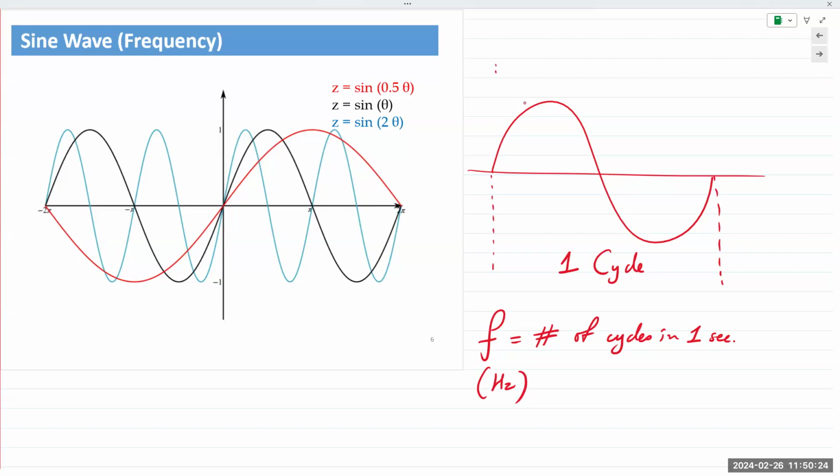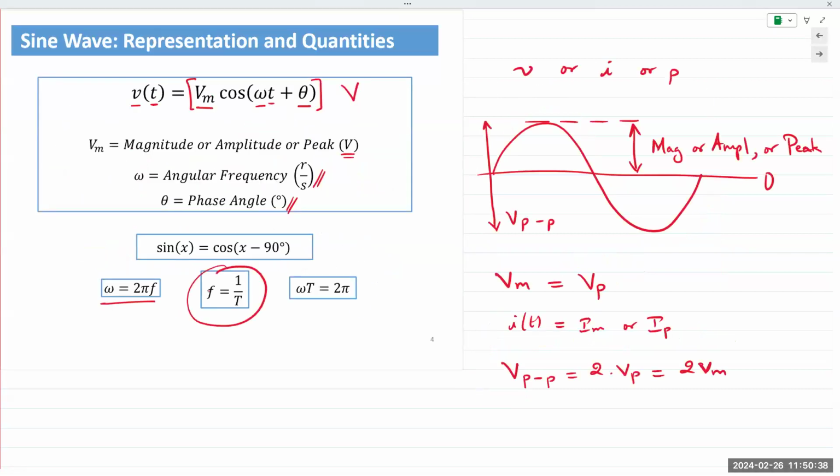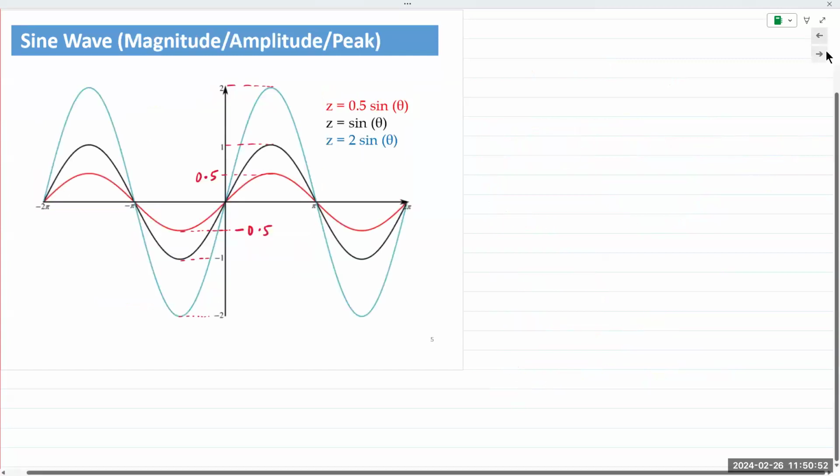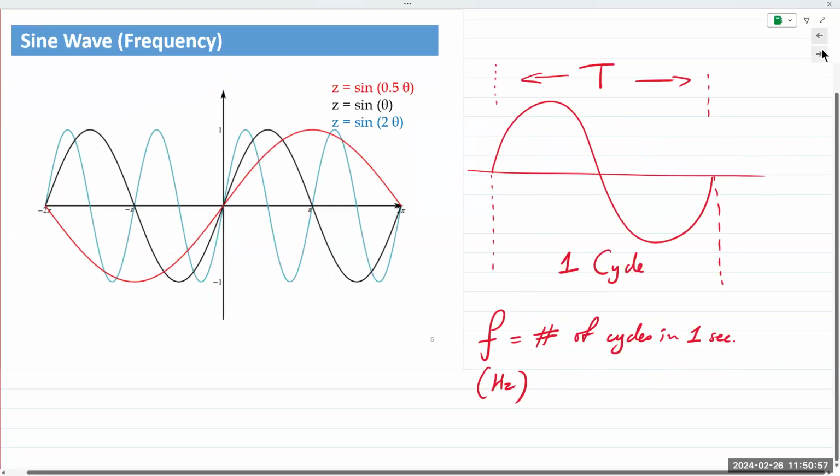This is also T, uppercase T. So in this previous equation, where I said frequency is the inverse of time, basically it's the time period T, and the inverse of that one time period would be the frequency of that waveform, where T is in seconds and f is in hertz. Okay, so it's the inverse.